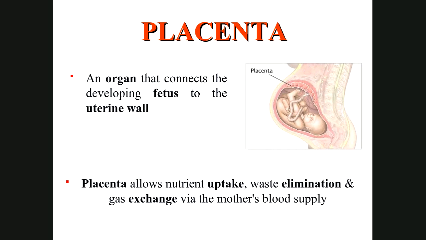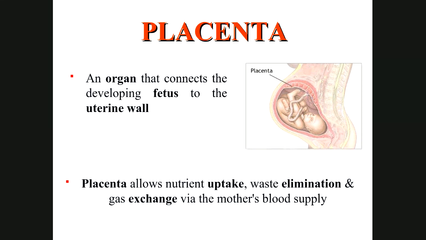As early as the end of the second week, the uteroplacental circulation began. So that was the first contact between the maternal and the fetal part. Now we will see the full development of the placenta.